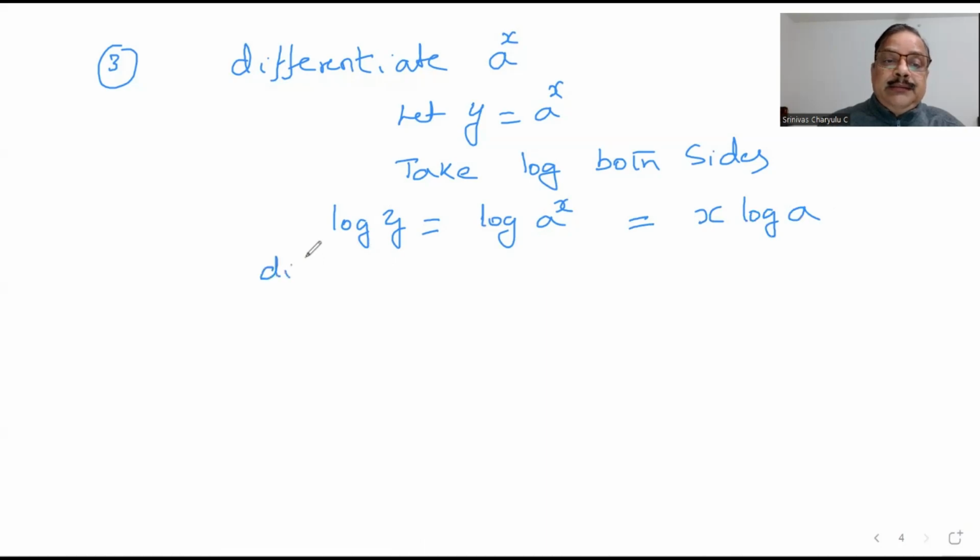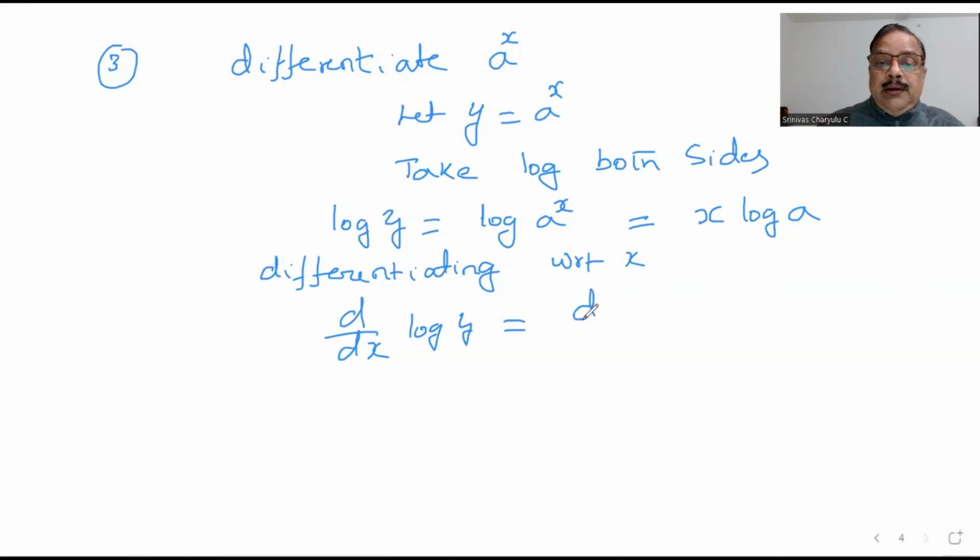Now differentiating, we are doing this directly, not from first principle. Differentiating with respect to x: d by dx of log y on the left hand side, d by dx of x log a. Log y differentiation is 1 by y times dy by dx. This I will tell you next class. Then d by dx of x log a.